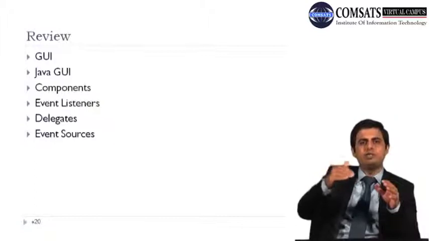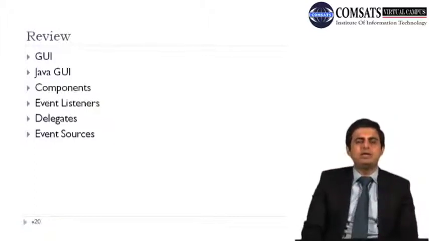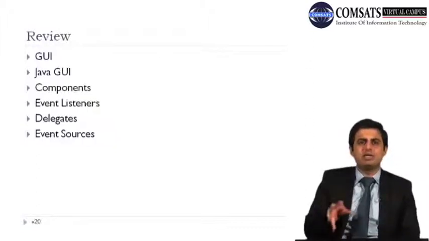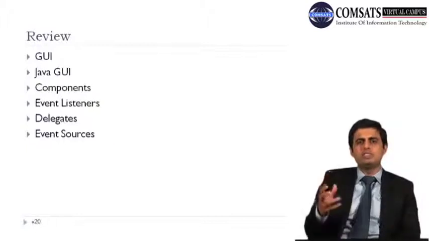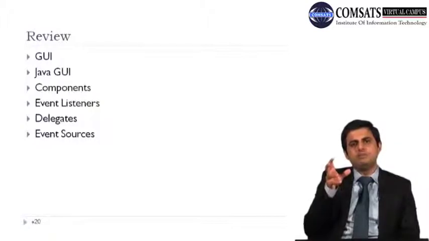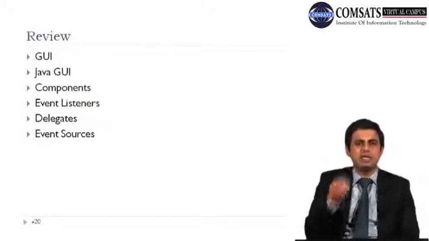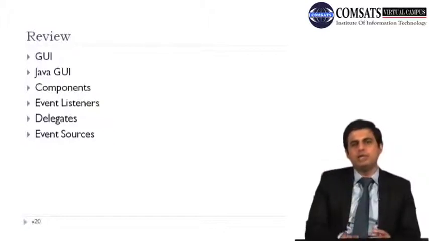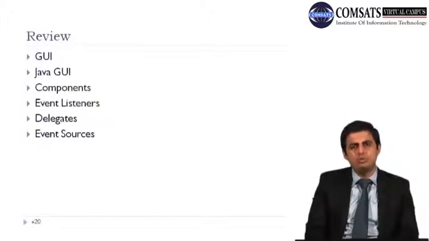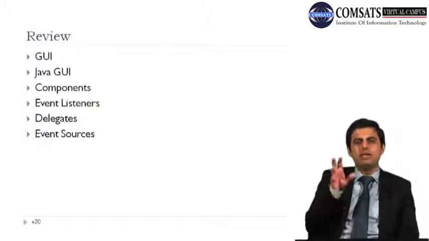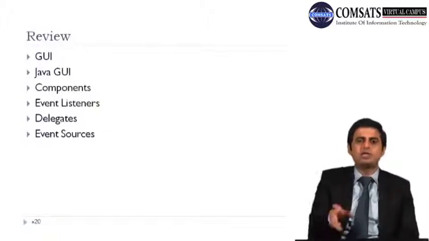You can lay out components differently in different frames, and you have got event listeners which are attached to the components. The functionality of an event listener is that they are observers which keep an eye on the components and take inputs from them. If there is any interaction by the user, through a mouse, a keyboard or any other device attached to the system, they observe the component and look at what kind of changes are made.